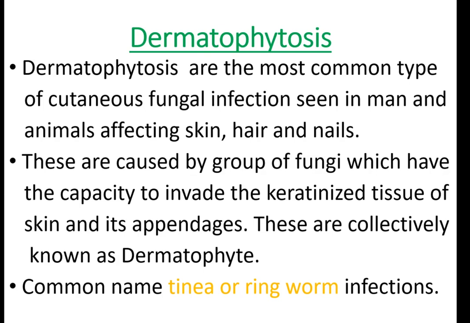There are mainly three groups of fungi, or three genera of fungi, which cause dermatophytosis. They are collectively known as dermatophytes, and the common name is tinea or ringworm infection.